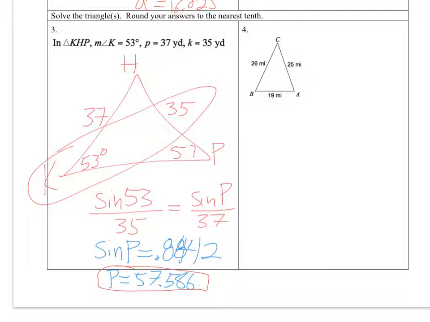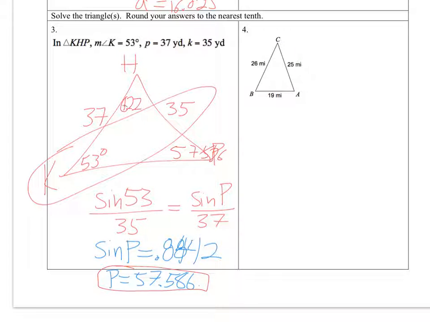I can use that to get my third side. And 180 minus that, 57.586, is going to be 122. By the way, I forgot to minus 53 from that. Whew, that was bad.